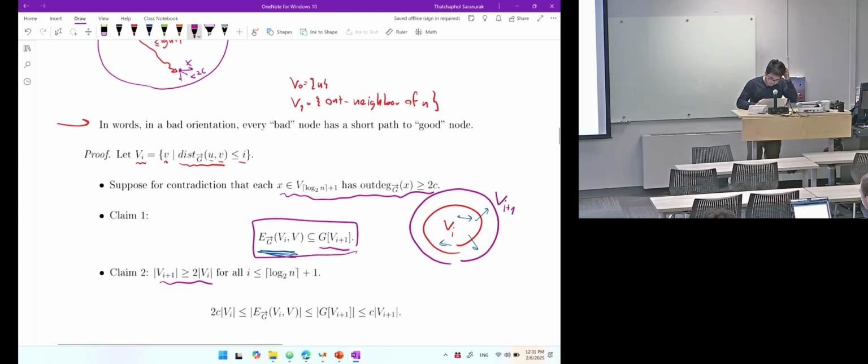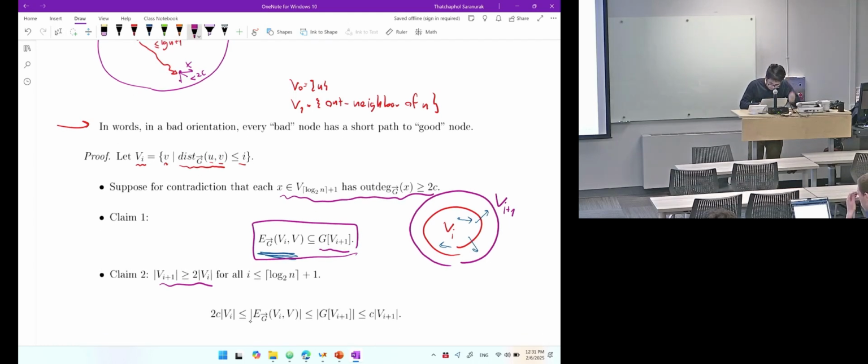Because we have this, that all edges incident to V_i to some other node are contained in the graph induced by V_{i+1}. Now how big is G[V_{i+1}]? This is at most C times |V_{i+1}|, because we know that the graph G has a C orientation.